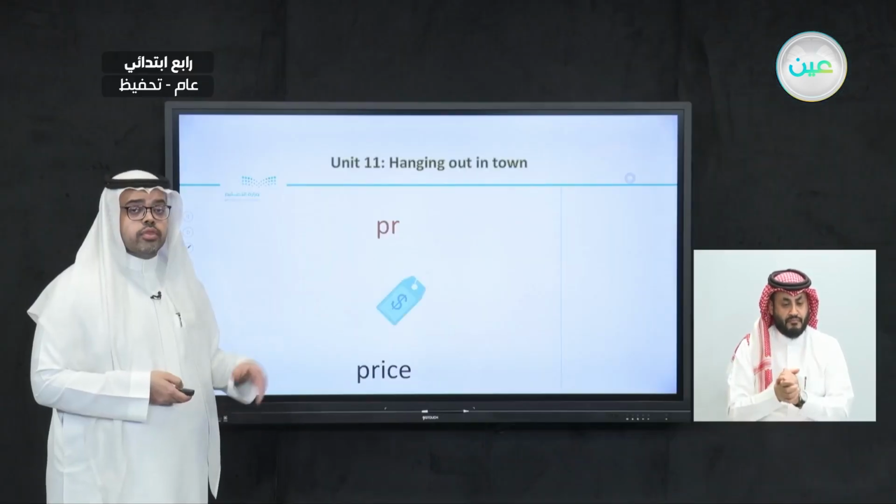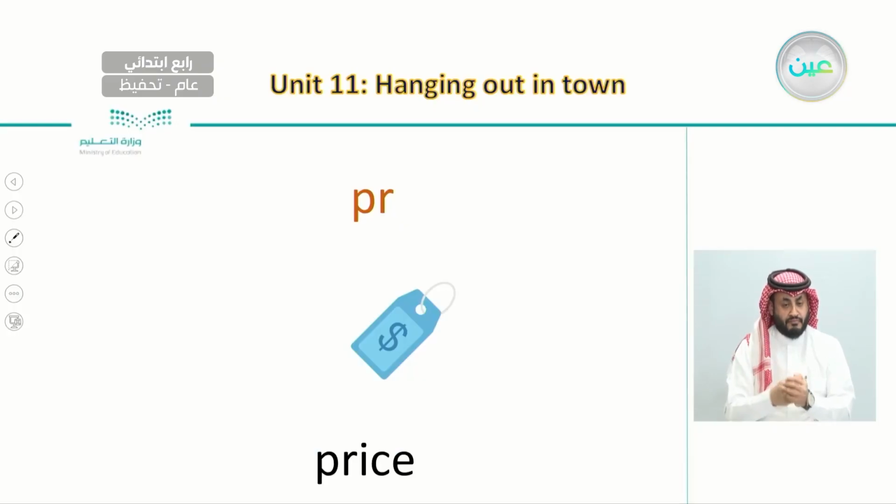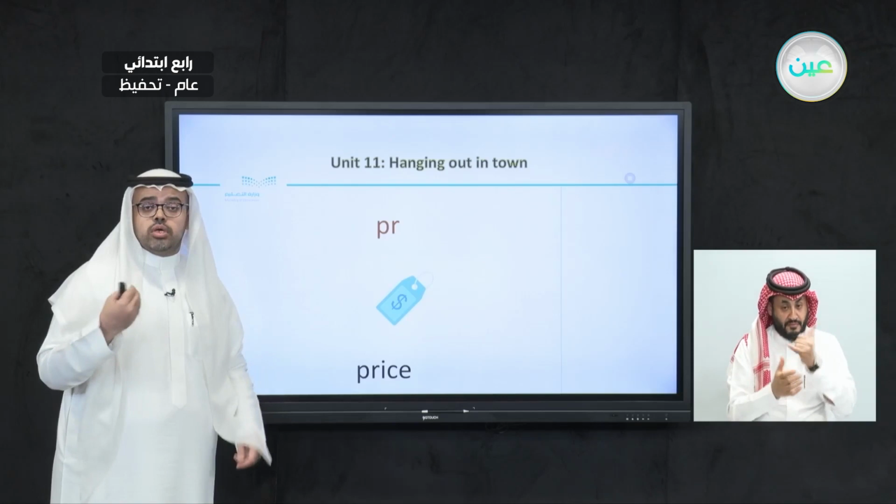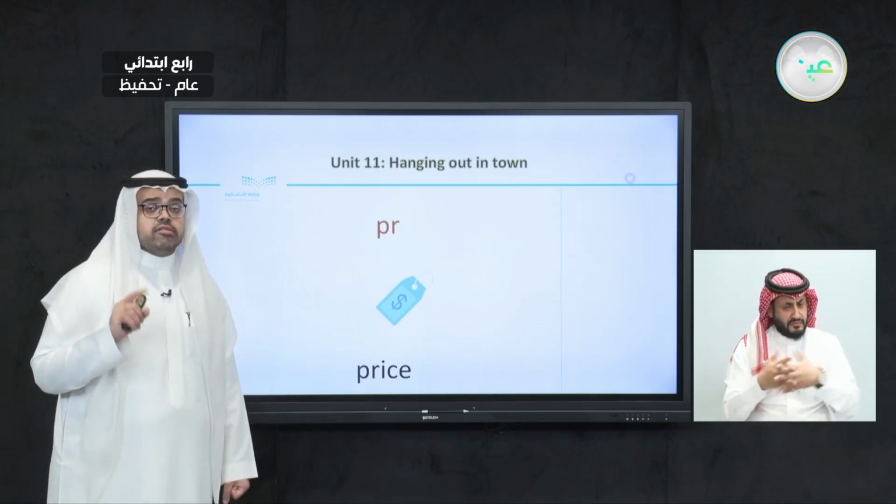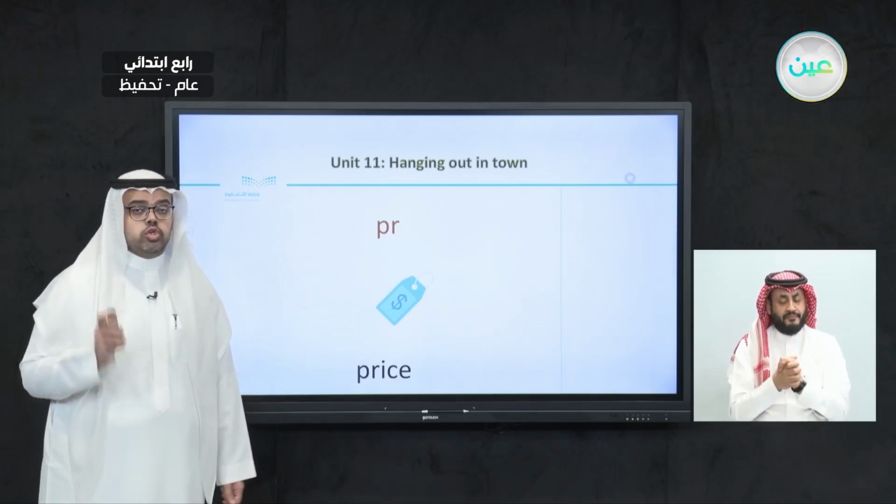And also the fourth one that starts with P and R is prize, prize. So these are four important words with the blend of P and R, and we said that it is important that we pronounce them as one sound unit.